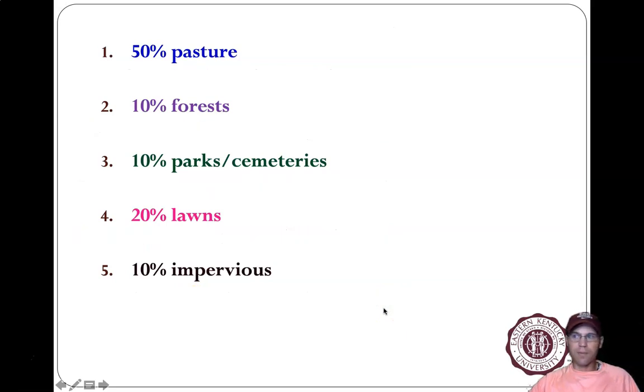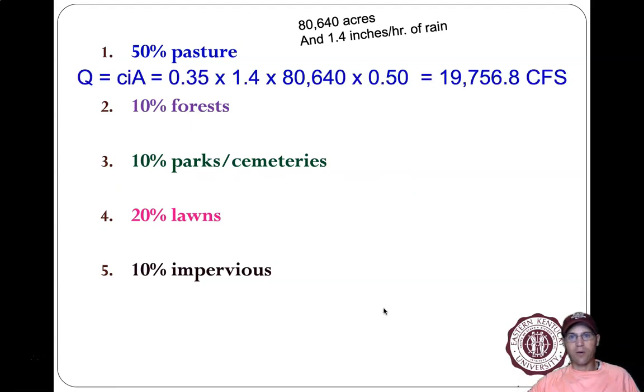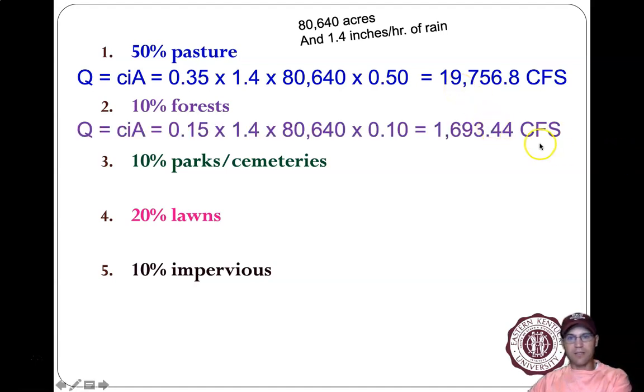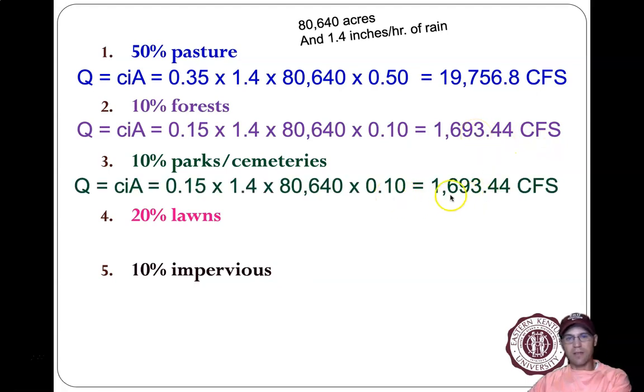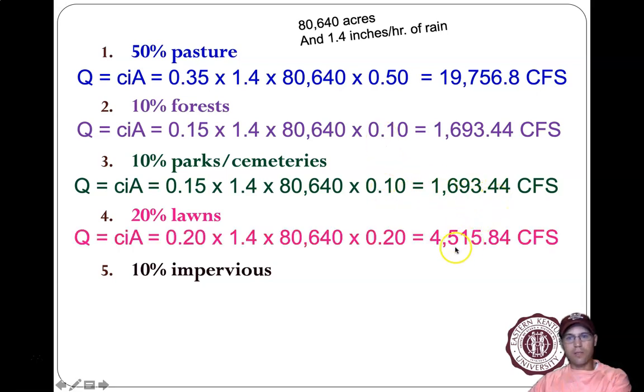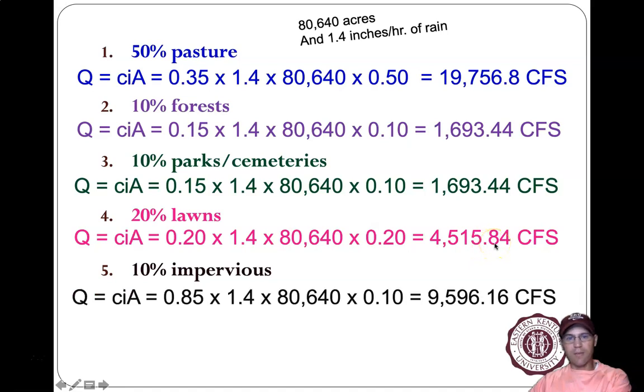Then we'll end up getting some actual values for each of those categories, right? So this one will add up to 19,756.8 CFS. This one adds up to 1,693 CFS. So does this one. It's the same formula actually. Lawns, 4,515.84 CFS. And impervious ends up being 9,596.